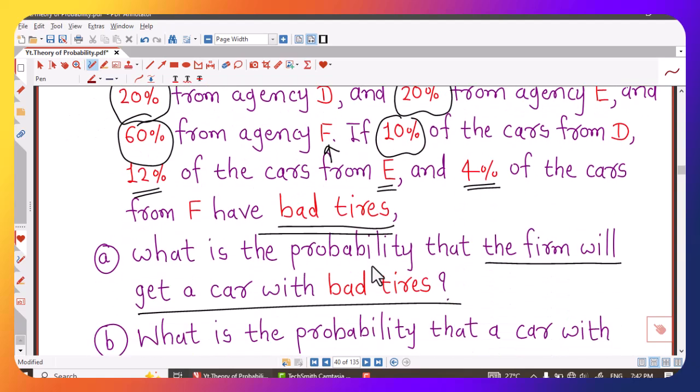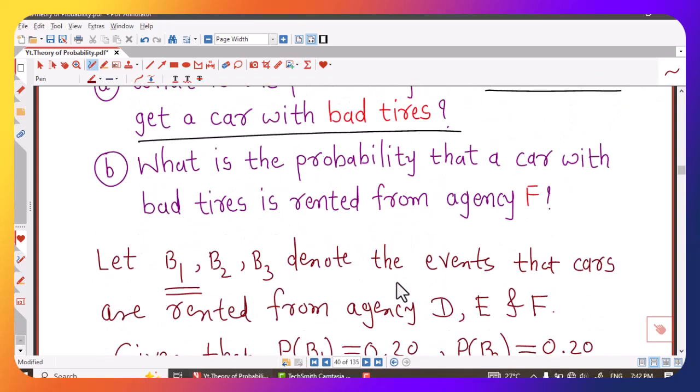Now we have to find the probability that the firm will get a car with bad tires.